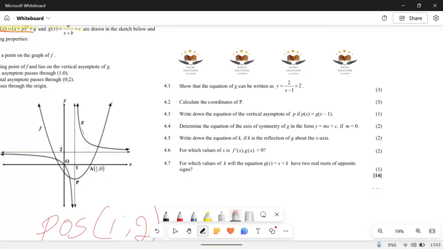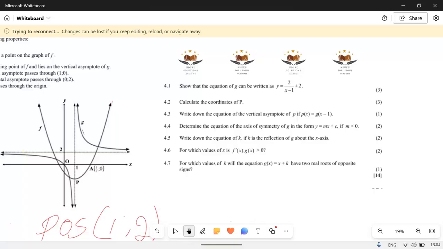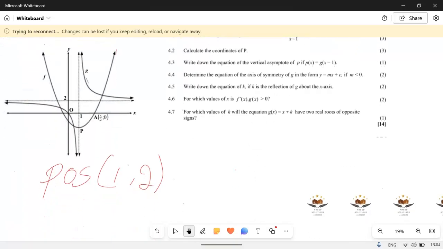So we are going to write the equations. Show that the equation of g can be written as y equals 2 over x minus 1 plus 2. So we are going to use our point of symmetry. Let's get a bit of space.